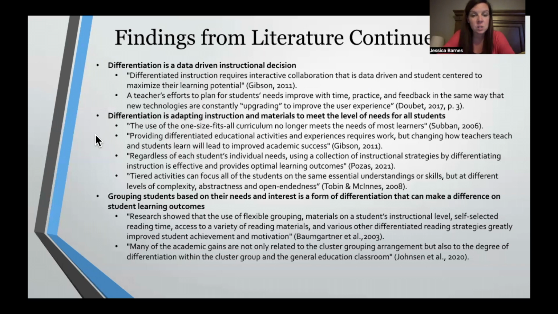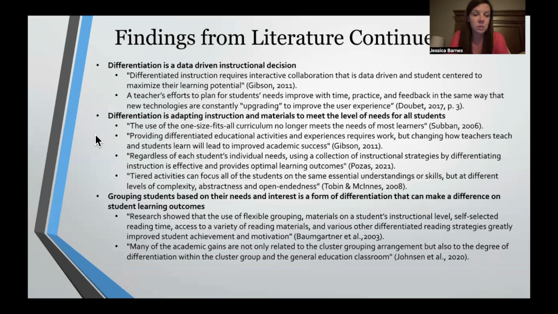Regardless of each student's individual needs, using a collection of instructional strategies by differentiating instruction is effective and provides optimal learning outcomes. Tiered activities can focus all of the students on the same essential understandings or skills, but at different levels of complexity, abstractness, and open-endedness.